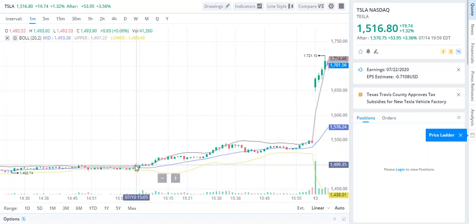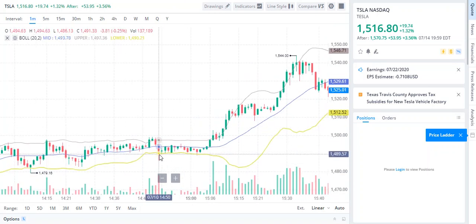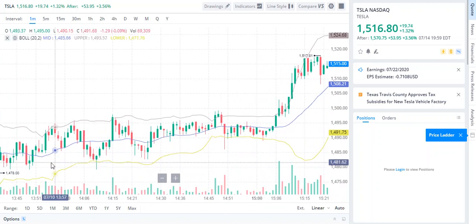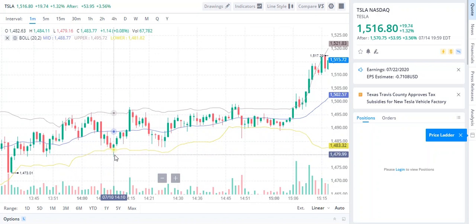So in theory, you would buy when the price crosses below this yellow line. Let's see. So right here, it crossed below. It didn't close below. Here it crossed below. So that means that it is oversold right here. So you'd buy here, in theory, and you would sell once it goes up to overbought.